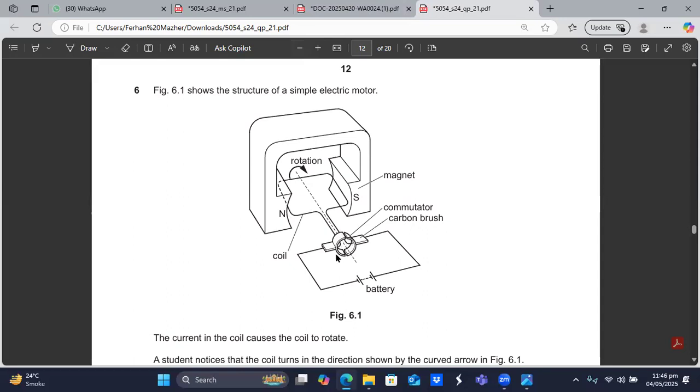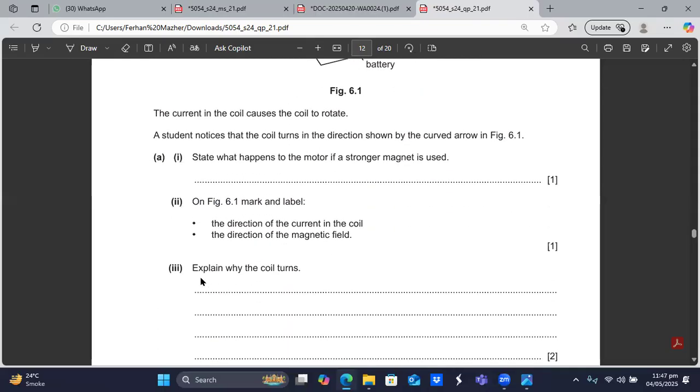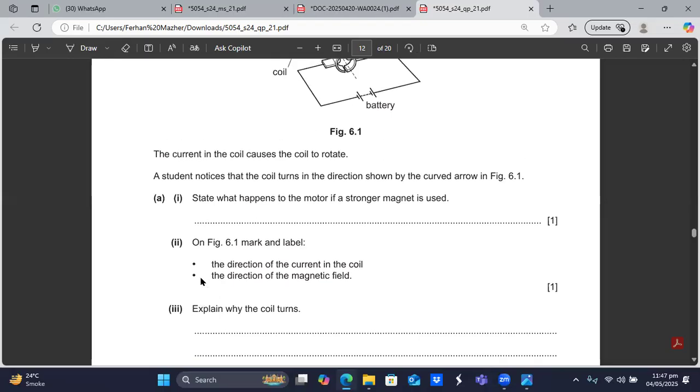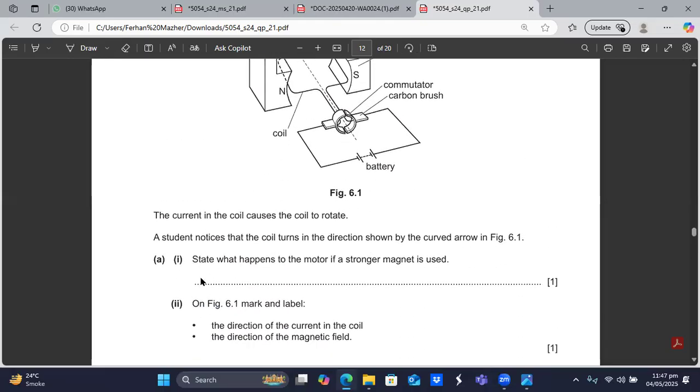Here you have the split ring commutator, and then you have carbon brushes connected with the battery. It says that the current in the coil causes the coil to rotate. A student notices that the coil turns in the direction shown by the curved arrow in figure 6.1. So the coil is basically rotating clockwise.